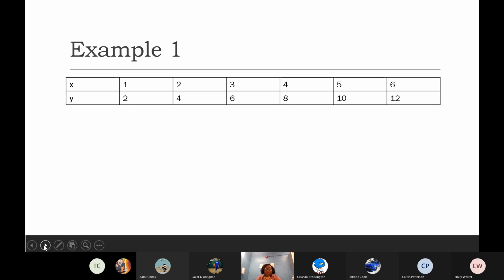So you should be drawing this chart and labeling it as example 1. It may be helpful for you to write the date beside these notes today. Today's date is January 8th, 2021. So let's go ahead and get started.